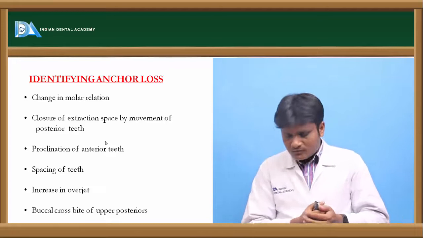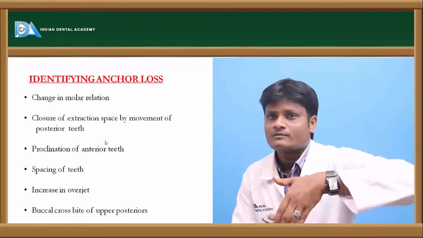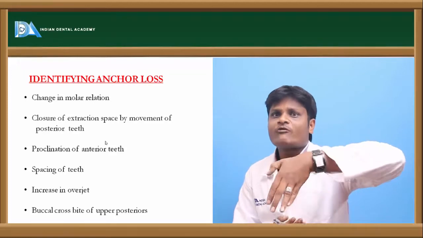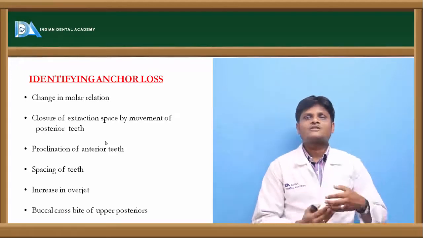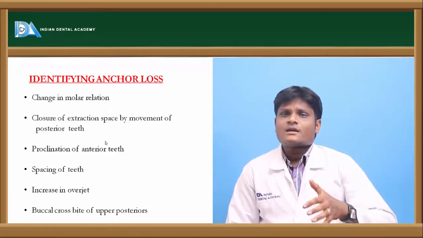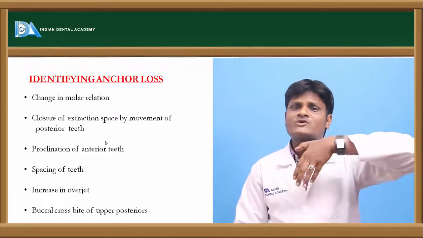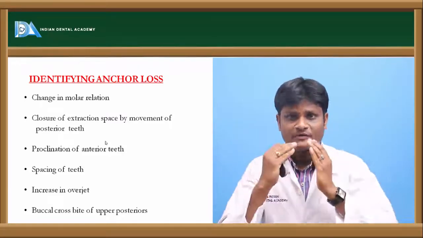Now, one more characteristic feature of anchorage loss is increase in the overjet. As I told you, due to more flaring or proclination of the teeth during the course of the treatment, the overjet will be increased. And anchorage not only means in the anteroposterior space, but it also means in the vertical space and transverse space.